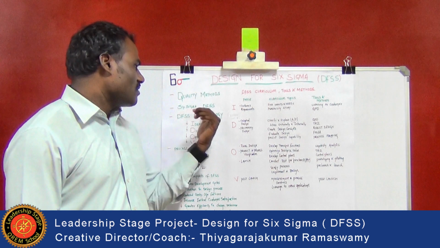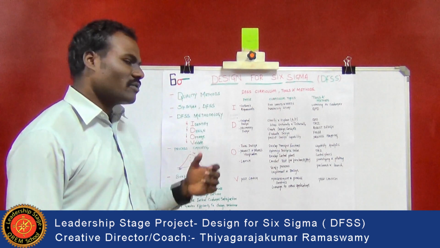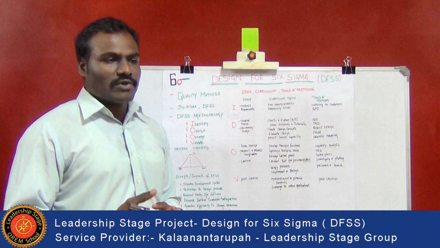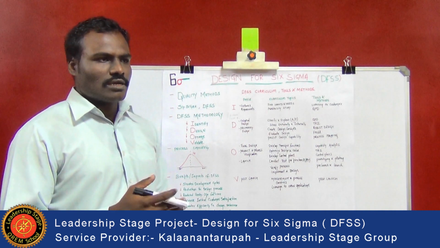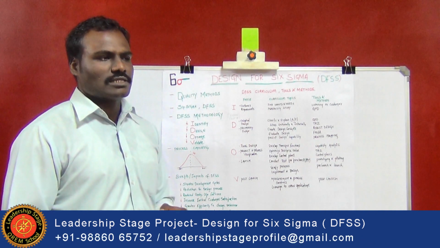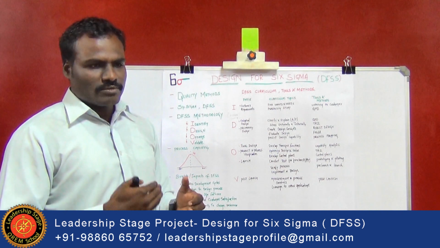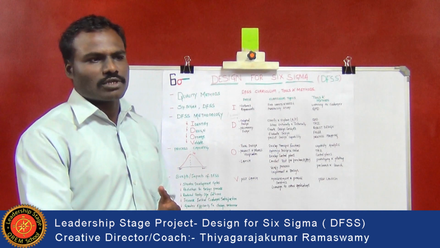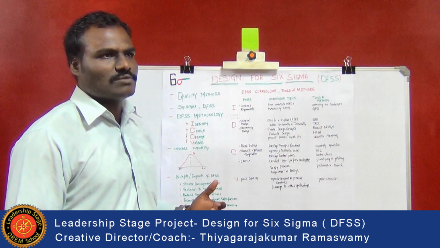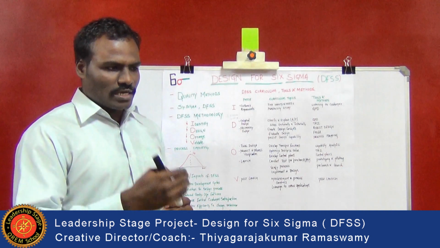Here DFSS is another process with which we can get a better quality when implementing Six Sigma, in the sense that we can get better quality based on the different phases of the process. DFSS helps in finding the quality in different phases.